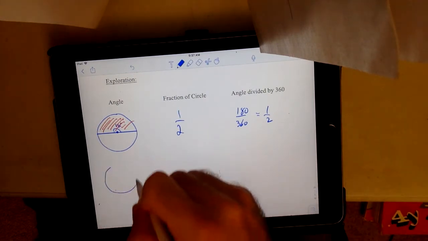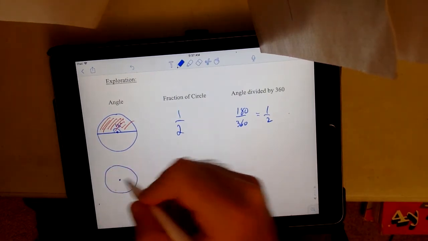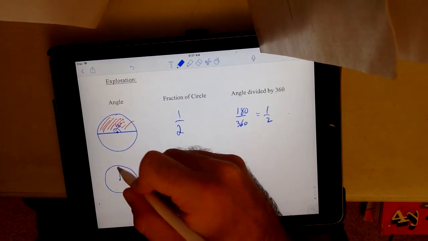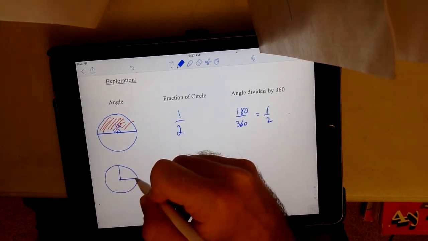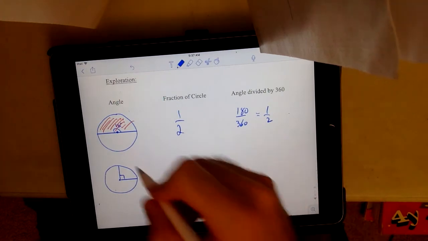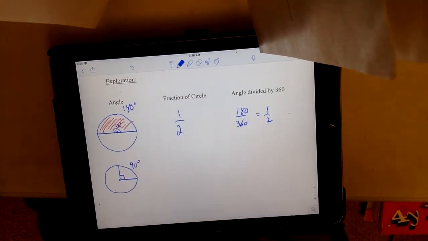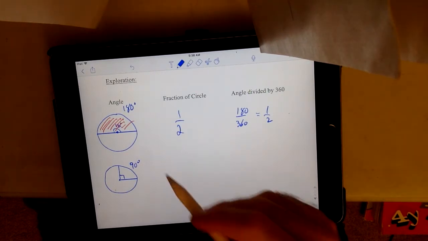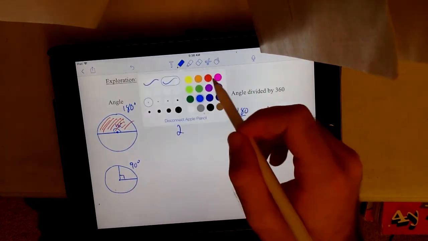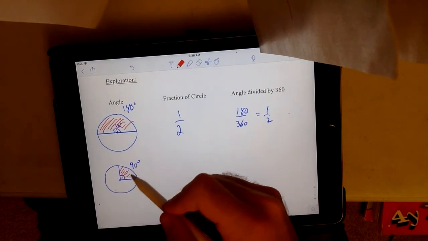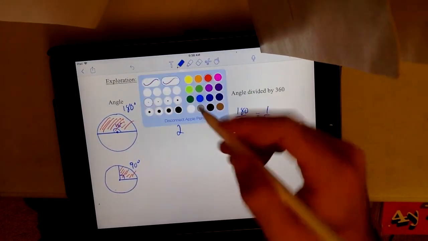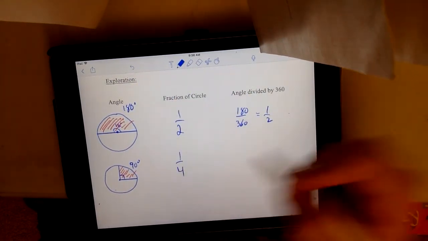We're going to draw another circle, and this time we're going to draw a right angle, so a 90-degree angle. What fraction of the circle does that look like? Well, to me, that's a quarter of the circle.